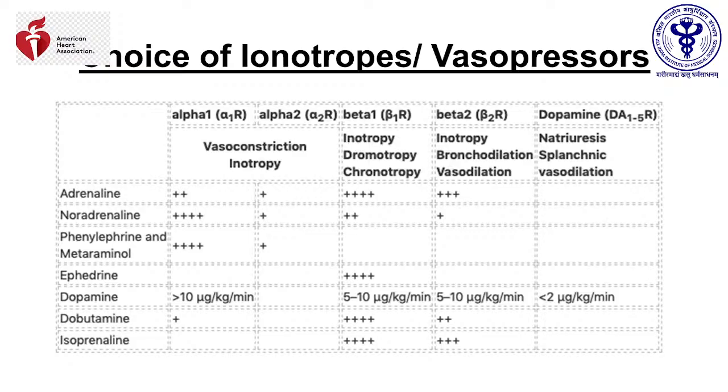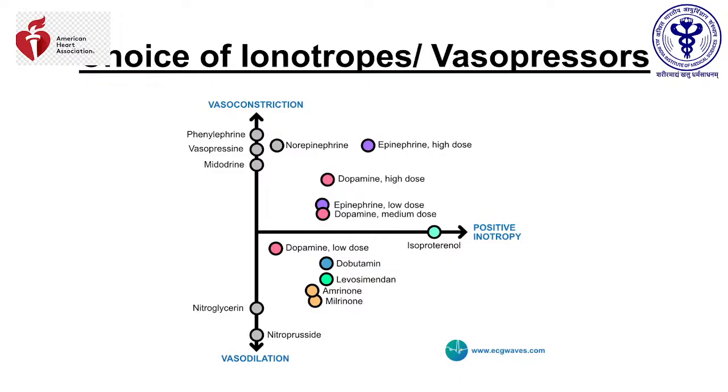Dopamine we are not using. So this is another chart showing the three ends, that is vasoconstriction, vasodilation and positive inotropy. Based on what your patient is, what is the etiology of the cardiogenic shock, you need to manipulate around this. So potent vasoconstrictors are phenylephrine and vasopressin. The bad part is increased pulmonary vasoconstriction, and the good part is it will induce a reflex bradycardia in the patient.